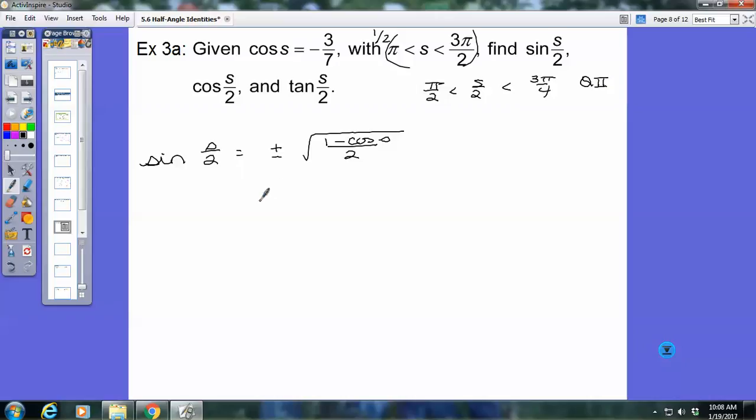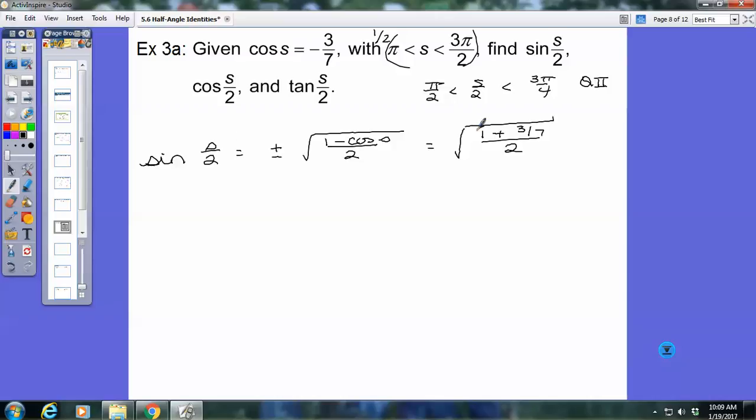Is sine positive or negative in quadrant 2? Positive. So we're going to go with the positive. Square root of 1 minus the cosine of s, negative 3 sevenths, plus 3 sevenths. Okay, what do you want to do?